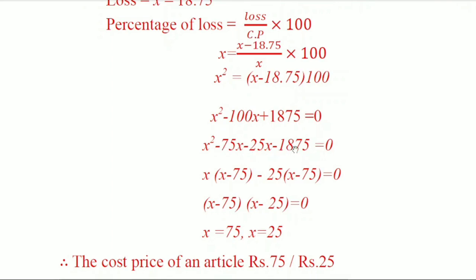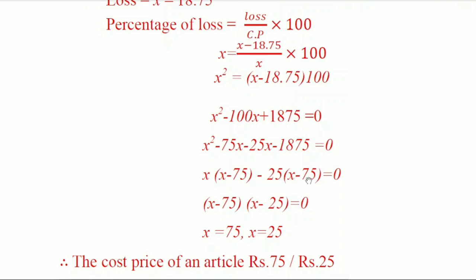Here I am doing factorization. 75 into 25 will give 1875, and 75 and 25 adding I will get 100. So x square minus 75x minus 25x plus 1875 equals 0.